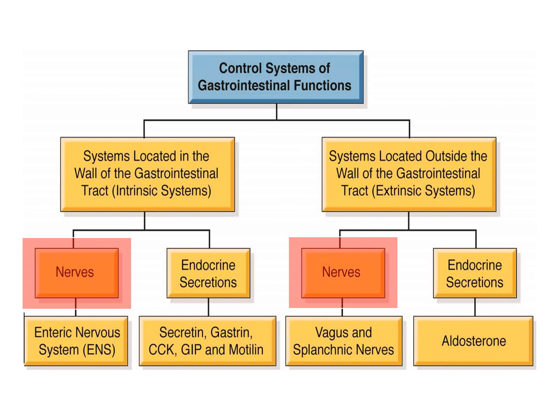These secretions are secretin, gastrin, cholecystokinin or CCK, GIP or gastric inhibitory peptide, and motilin. 5 different hormones that comprise the endocrine secretions from the intrinsic control systems of the gastrointestinal tract.